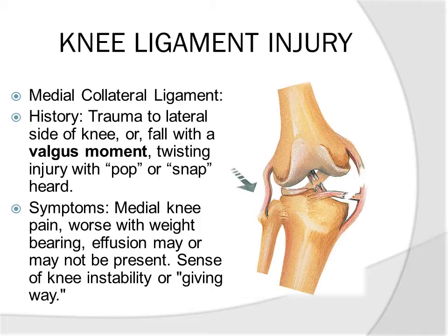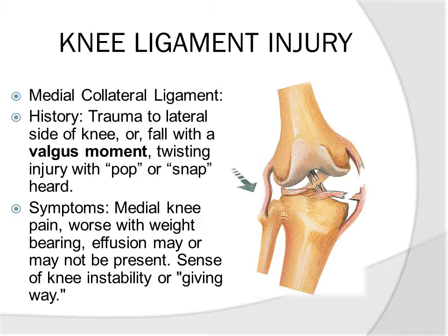Many times this valgus moment involves a twisting injury, and frequently the patient or the athlete or the injured worker will report that at the time of the injury they felt or heard a pop or a snap in the knee as one or more of those structures gave way. Now, typically the symptoms of medial collateral ligament injury include pain located at the medial knee, pain that becomes worse with weight bearing.